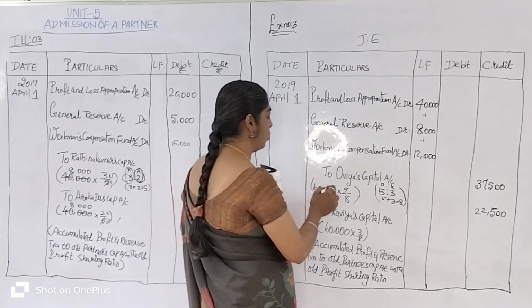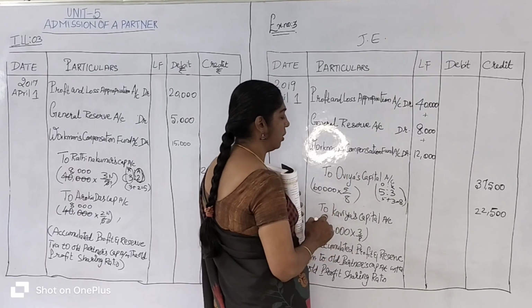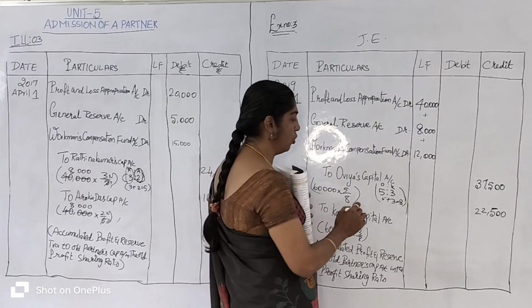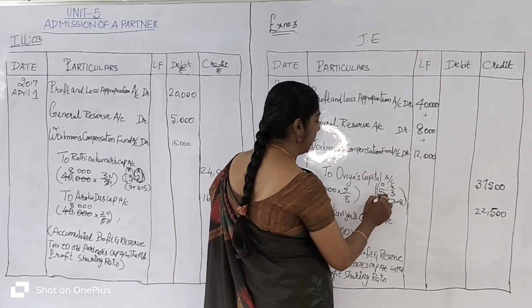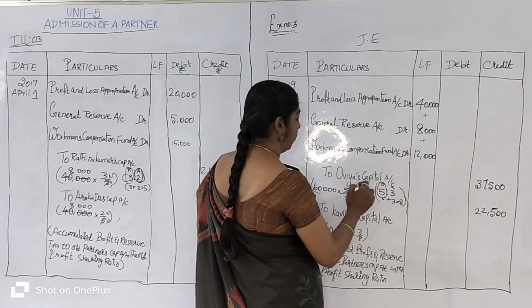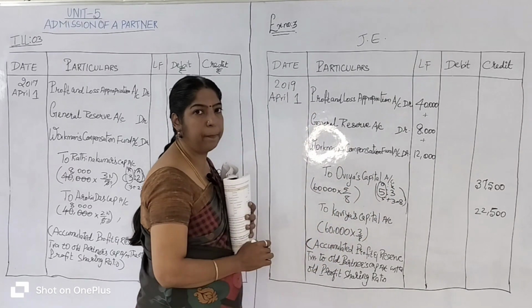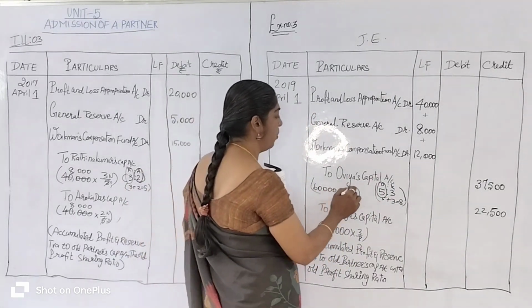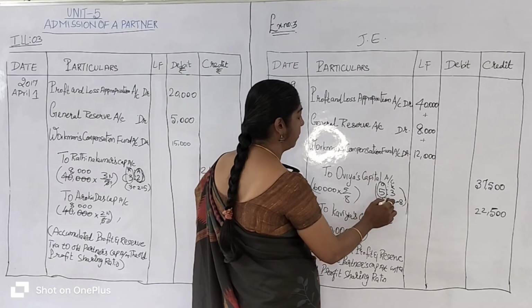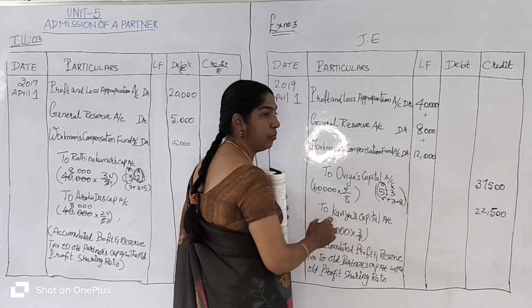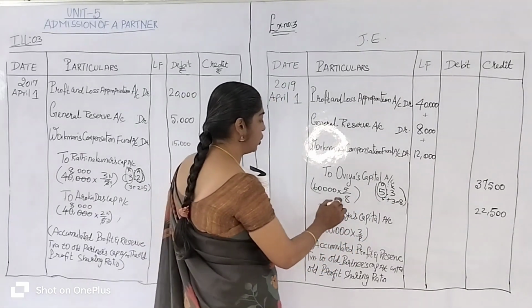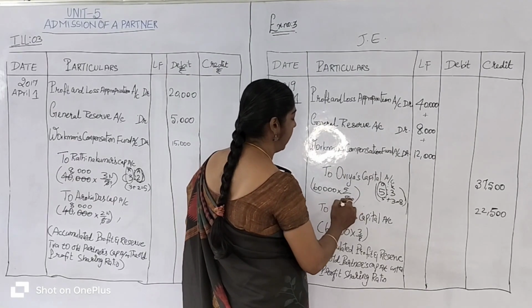So 60,000 into Ovia's profit sharing ratio, 5:3. 5 is for Ovia, so we enter it in the numerator. Then we sum up 5 plus 3 and get 8. The sum of the ratio we enter in the denominator.